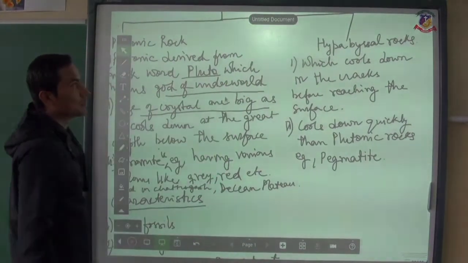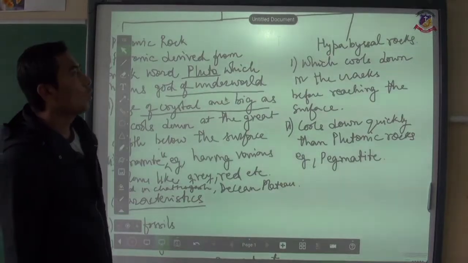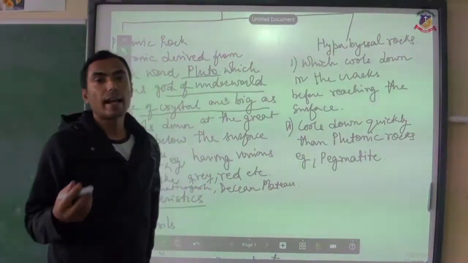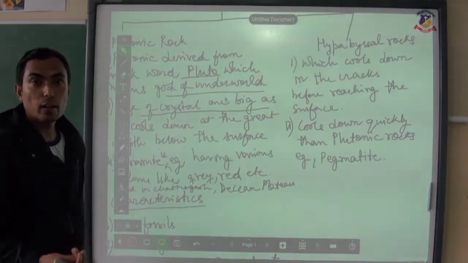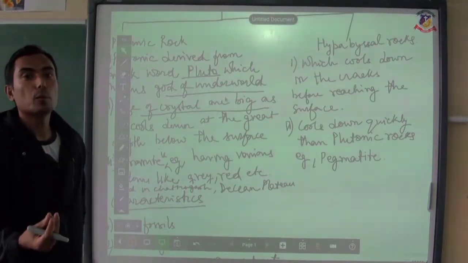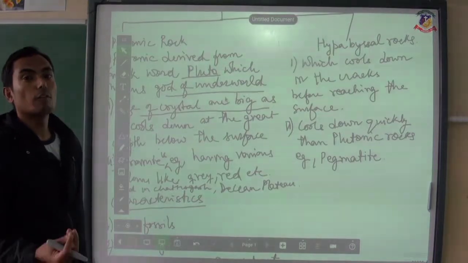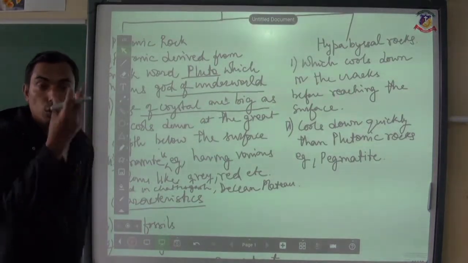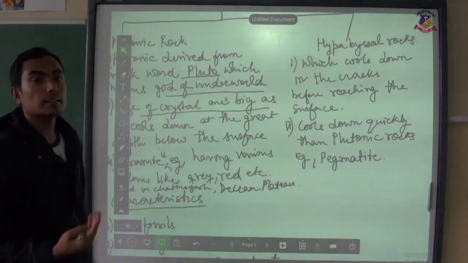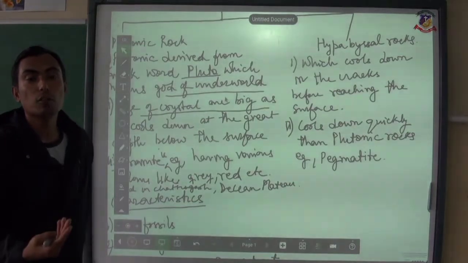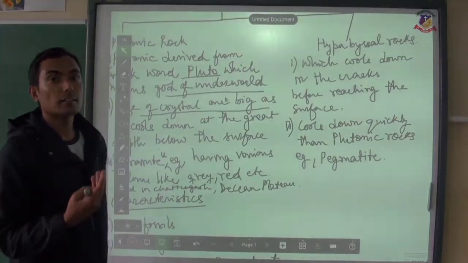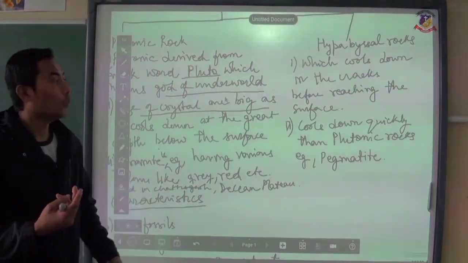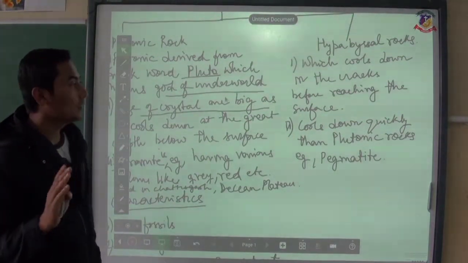Next, hyperbasal rock. Now hyperbasal rock cools down especially in the cracks just beneath the earth's surface. Whenever a volcano erupts, the magma which is not able to erupt out from the volcanic vent enters the cracks found beneath the earth's surface. So as it enters the crack, it cools down inside the crack of the earth.